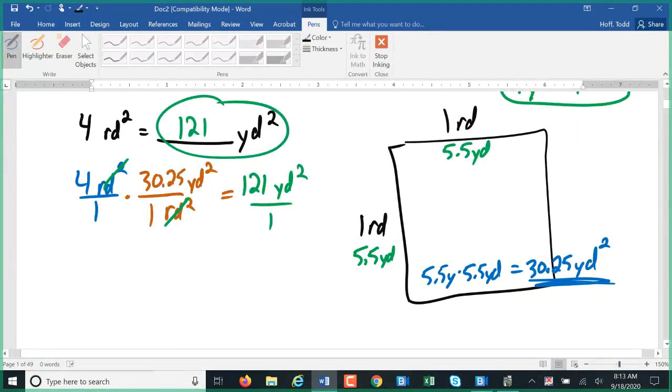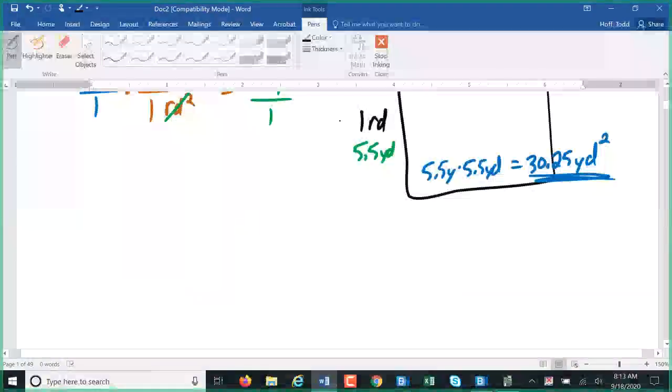Now, square rods does not get used much, but a square chain does. We didn't talk about this unit. We mentioned it briefly when we talked about length units, but we didn't do anything with it. One chain is 4 rods. That's not terribly useful to us, though.